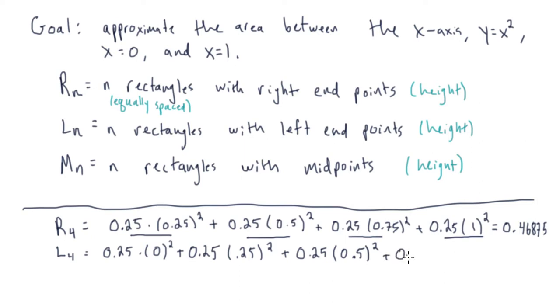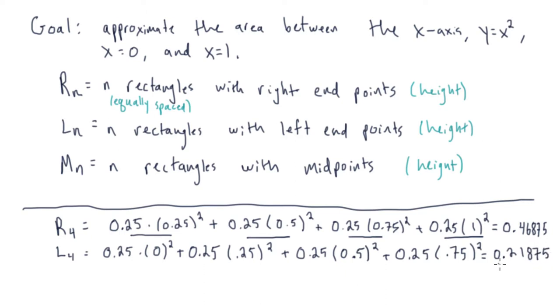And then finally, the left endpoint of the fourth rectangle is 0.75. And we compute this, and we get 0.21875.